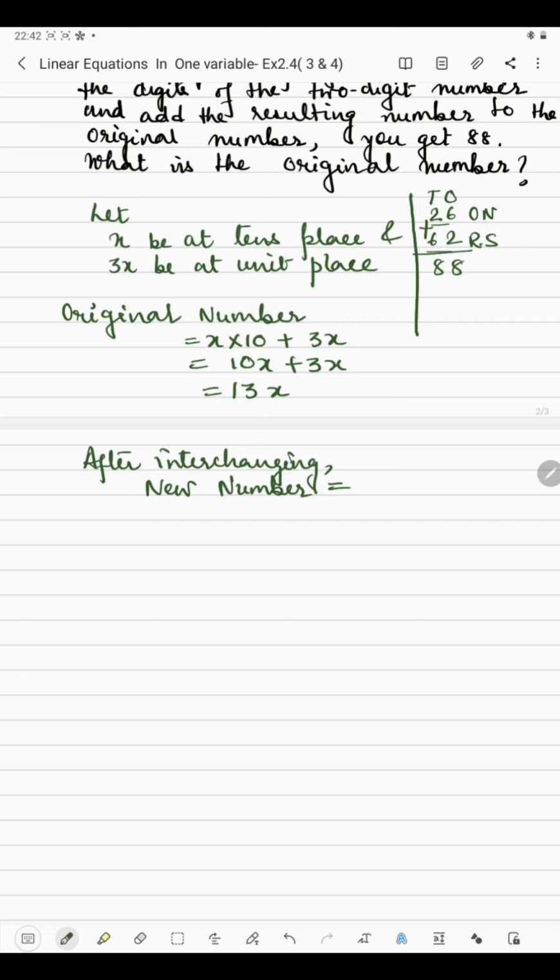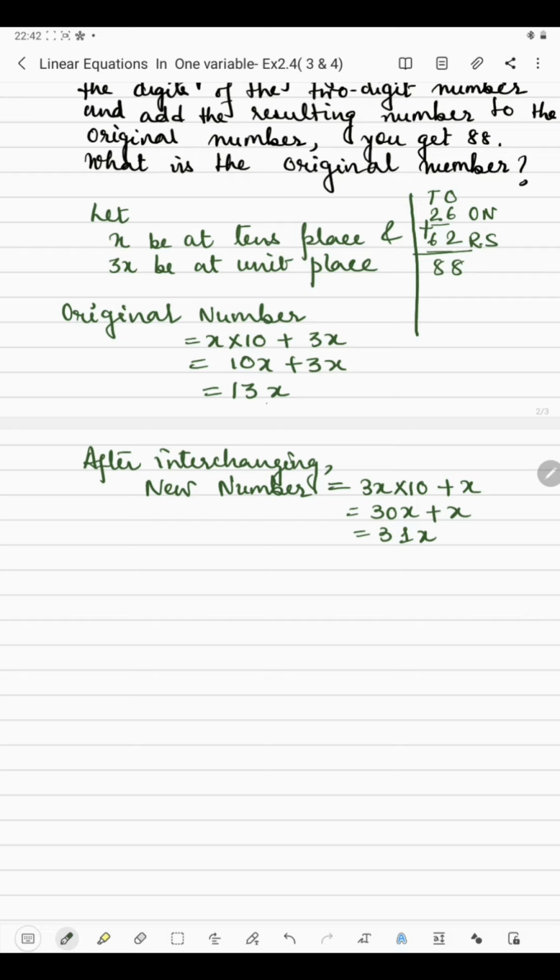So here we will consider x at ones place and 3x at tens place. So if 3x is in tens place, then it will be multiplied by 10, and if x is at ones place, then it will be multiplied by 1, so it will be x only. So 3x into 10 is 30x plus x is 31x. So this is the original number, 13x, and this is the new number, 31x.